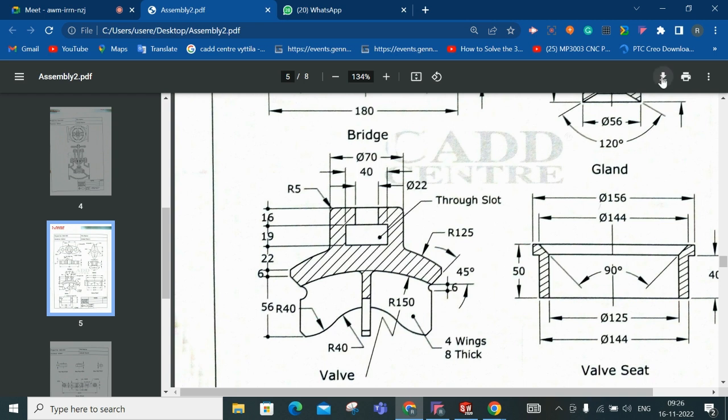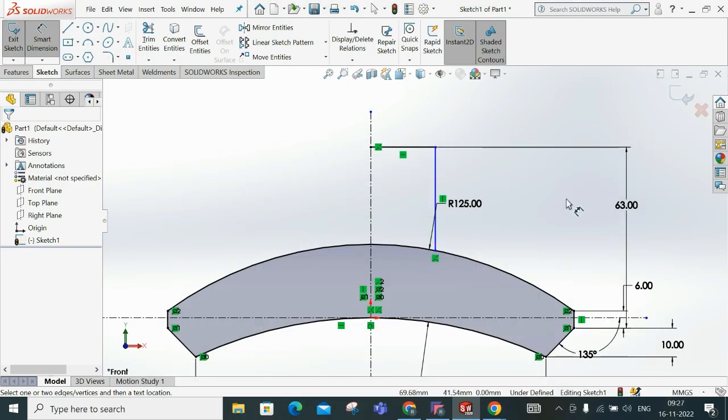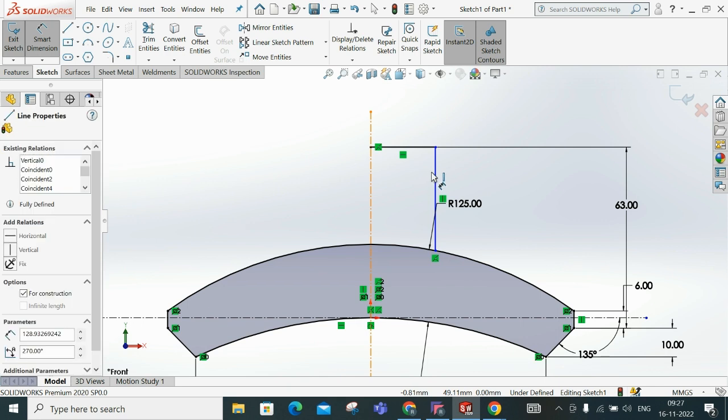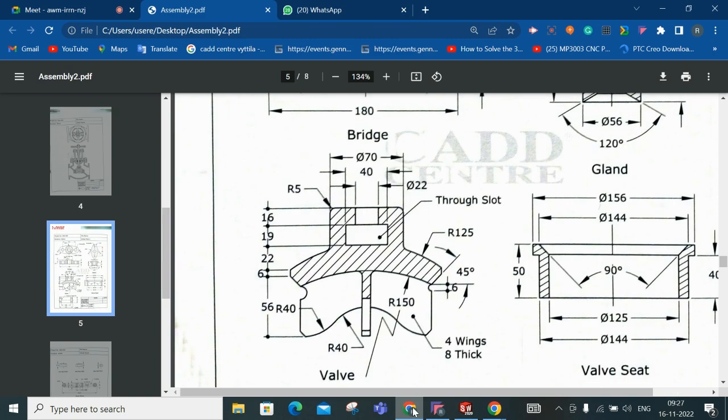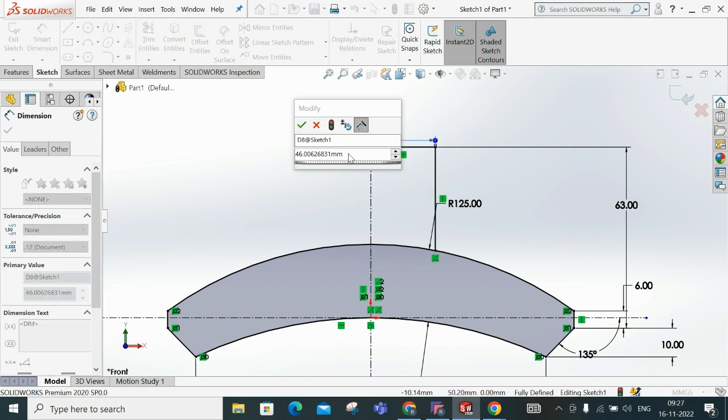It's 20, 63. Okay. Then from here to here, 70.